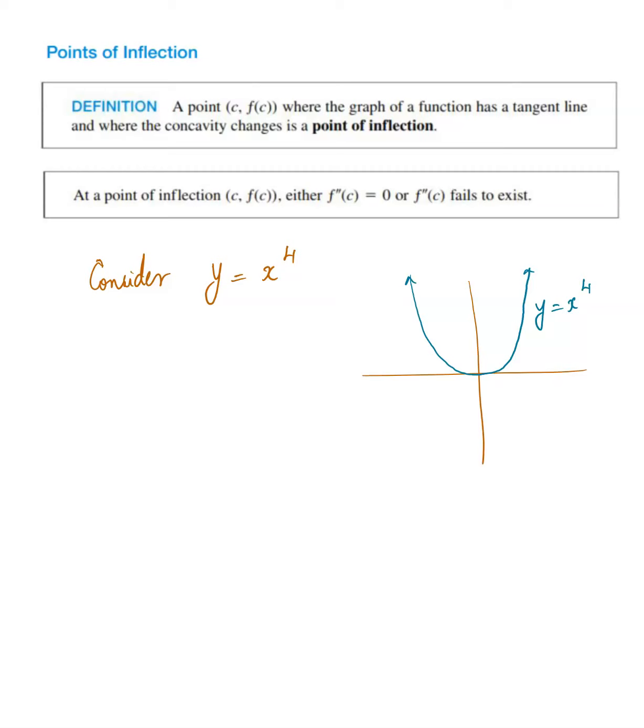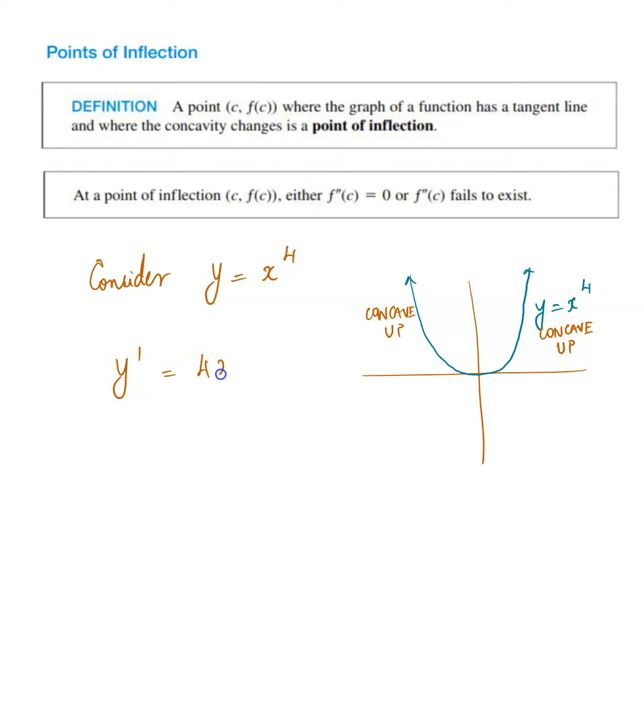Think about it. Concavity, so this is a U-shaped graph, totally. So this is going to be concave up here as well as concave up here. Yeah, I can see that from the graph, but I can also verify that here.